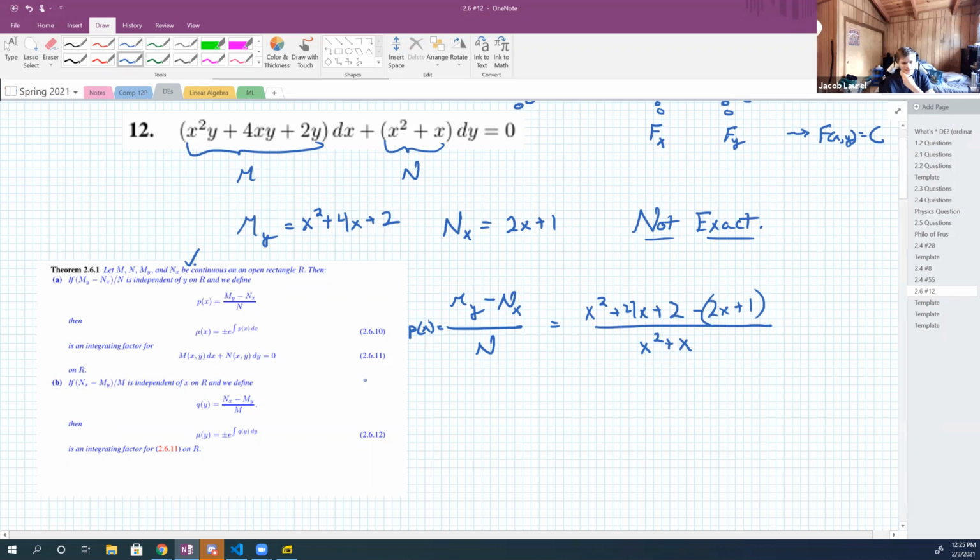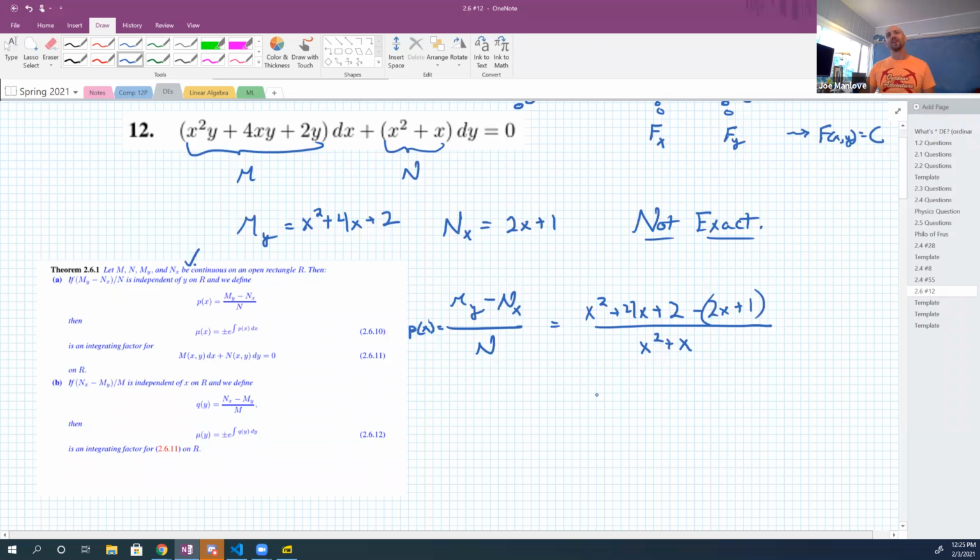I just memorized the form before the theorem, where it's mu times (M_y minus N_x) equals P of x times N minus mu_y times M. Yeah, that's a better object to have in your memory, I think, than this is.